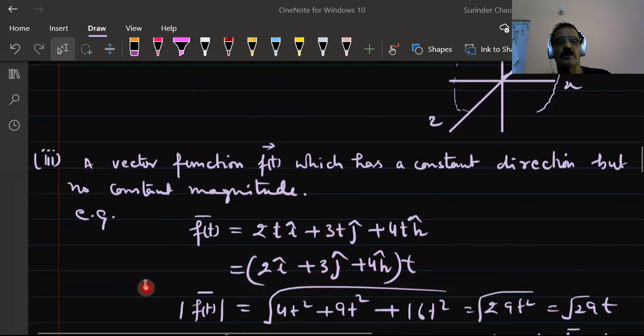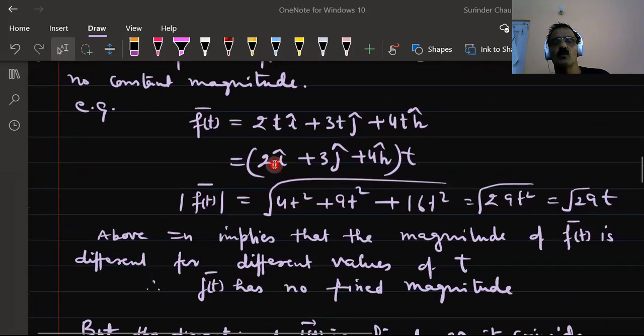Now the magnitude of this vector is the square root of 4t squared plus 9t squared plus 16t squared, which is equal to root 29 times t. So the magnitude depends on t, the scalar variable. If the scalar changes, the magnitude of the vector changes.